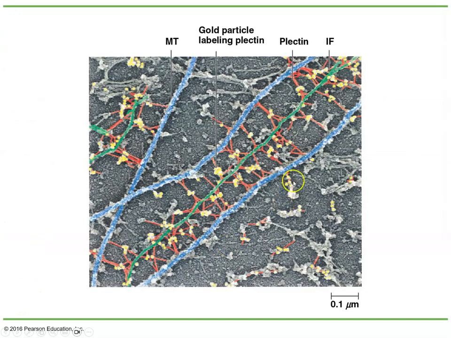Here's a scanning electron microscopy image where there's been a color overlay, so you can see some of the different regions of the microtubules and the intermediate filaments, and some of the interacting proteins that hold the structure of these things together.